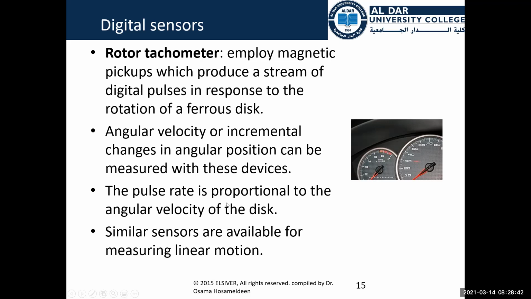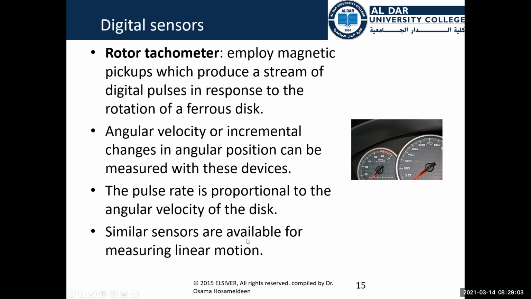The pulse rate is proportional to the angular velocity of the disk. According to the velocity of the disk, pulses are created, and the rate of these pulses directly represents the speed of the disk.